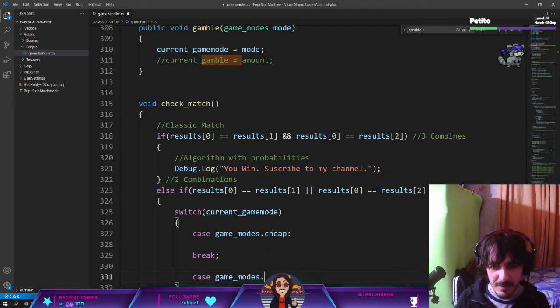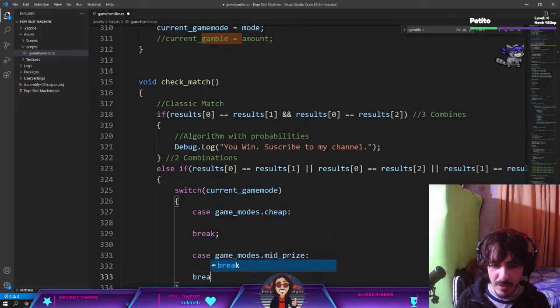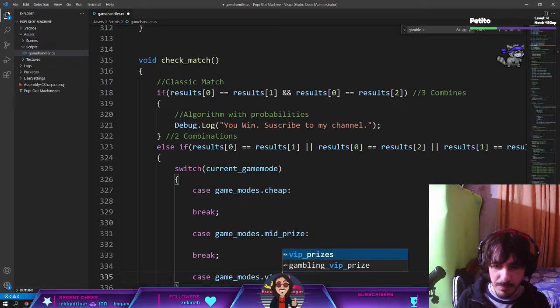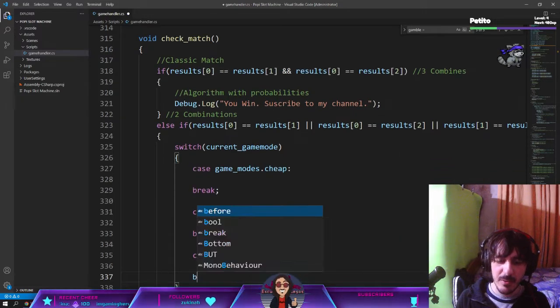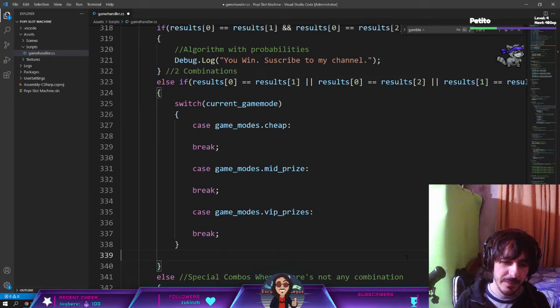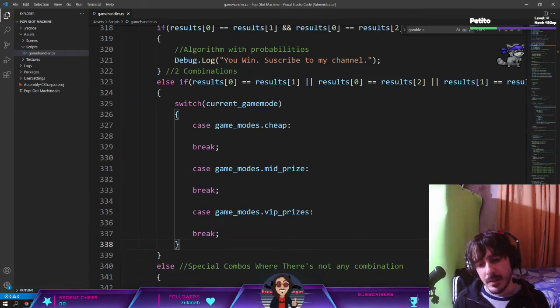If I am on the middle price mode, I will do other thing. And if I am on the big prices, I will do another thing. Okay. You win some money now. I will give the money to the player.